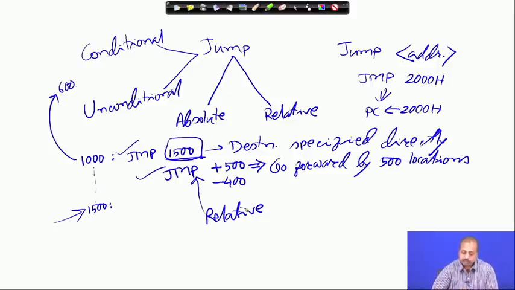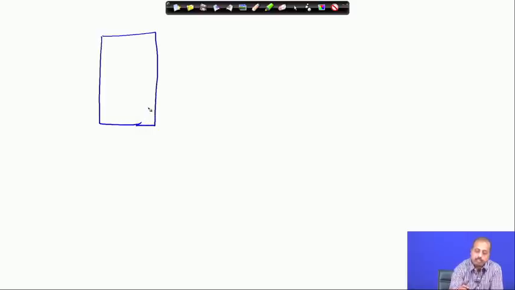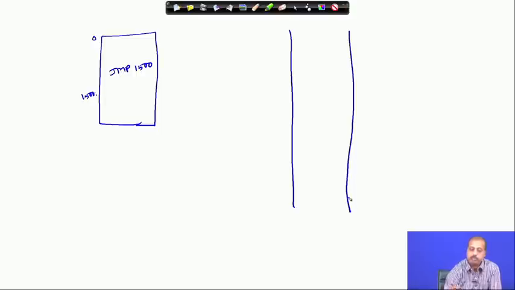Now, why is this relative jump coming into the picture, and why is it so important or useful? It is like this: suppose I have written a program, and this program has an instruction like jump 1500, where 1500 is somewhere here, and this program starts at location 0.